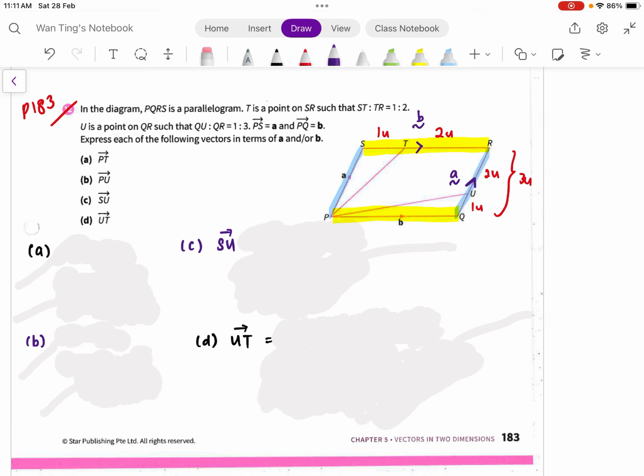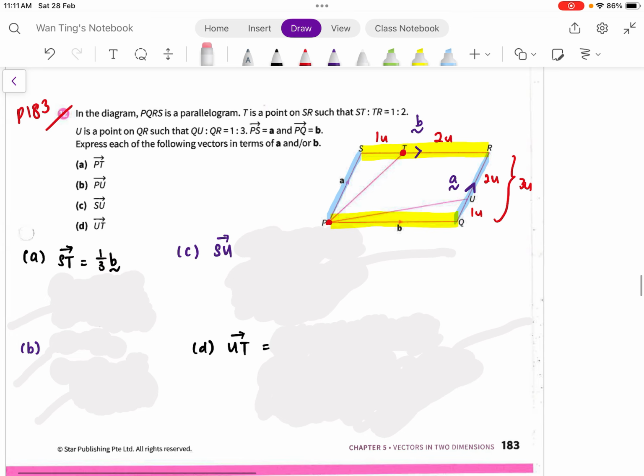I can solve for PT. So how do I find the vector from P to T? How to move from P to T? First step, I need to look for ST first. Because I want to move from P to T, I need to move from P to S, and then S to T. That's PT.